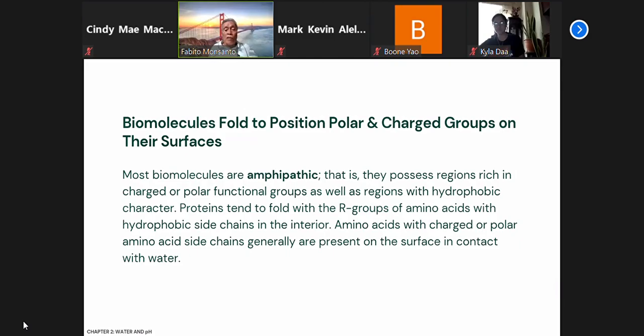Because of these bonds, biomolecules fold to position polar and charged groups on their surfaces. Meaning to say that when a protein is synthesized, and proteins are made up of amino acids, one amino acid is strung to another amino acid, so that you will have a string of amino acids.